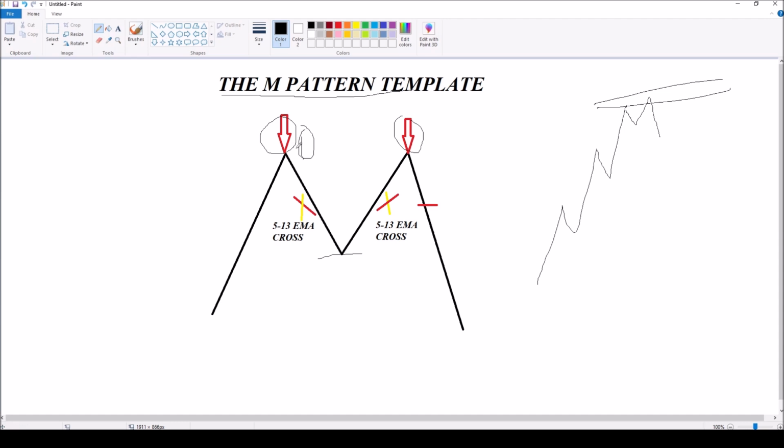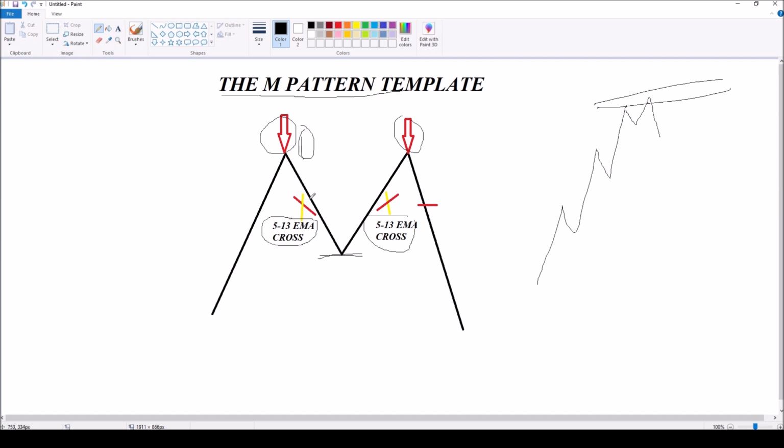Therefore, for us to confirm this particular move, we need to see a 5-13 exponential moving average crossover, right? Then after we reach this neckline region, the market makers will need to hit the stops of those who have taken shots on the first leg. And on that same leg, we also expect to see a 5-13 exponential moving average crossover.